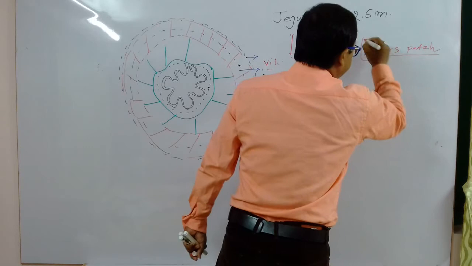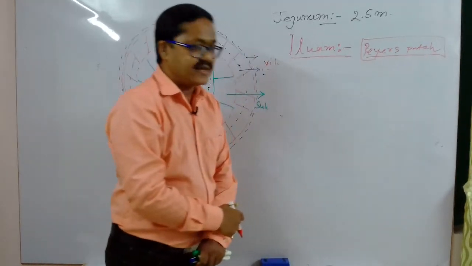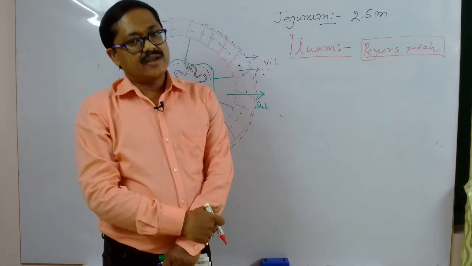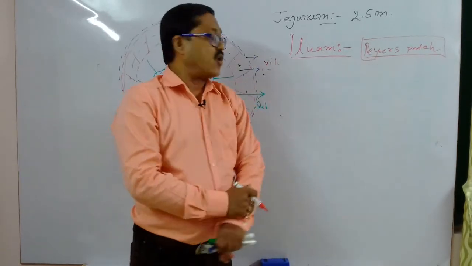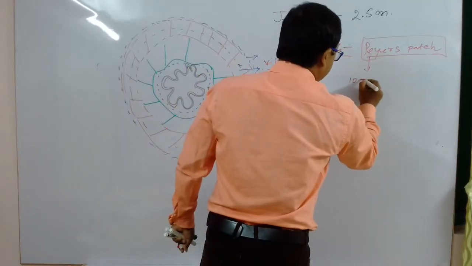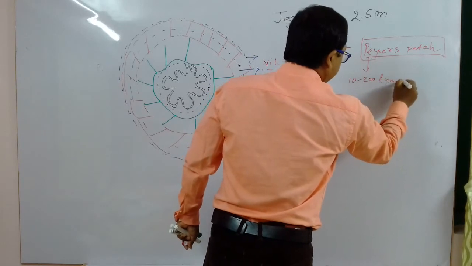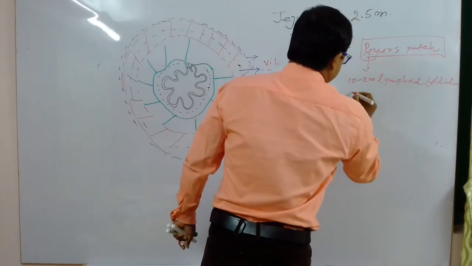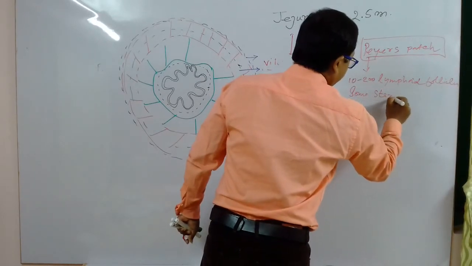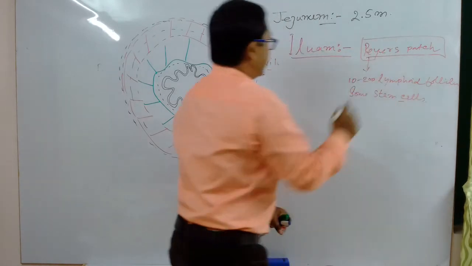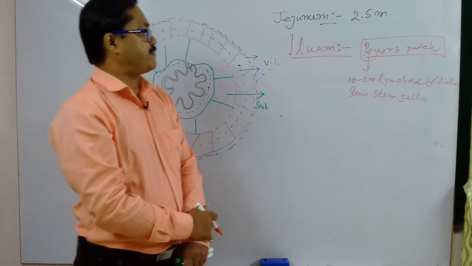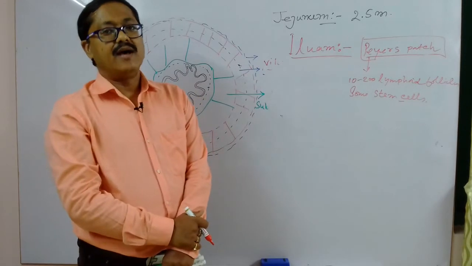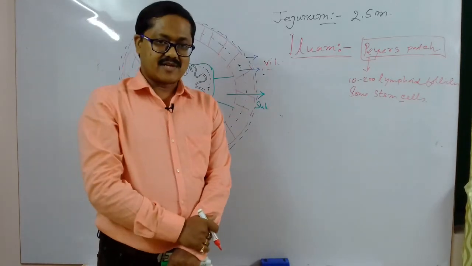What is Peyer's patch? Peyer's patch is a lymphoid tissue present in the lamina propria, situated in the ileum, and it consists of 10 to 200 lymphoid follicles as well as some stem cells. This is the identifying feature of the ileum. It is lymphoid tissue and imparts the function of immunity of our intestine.